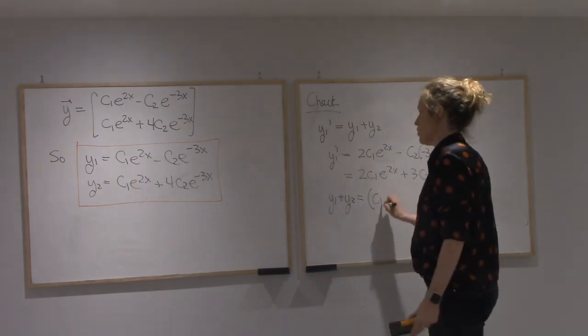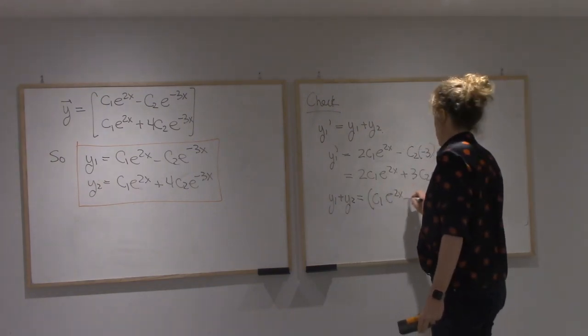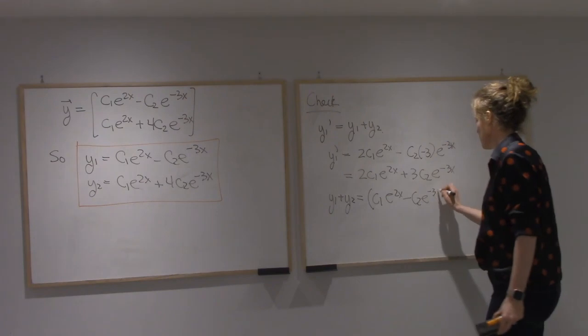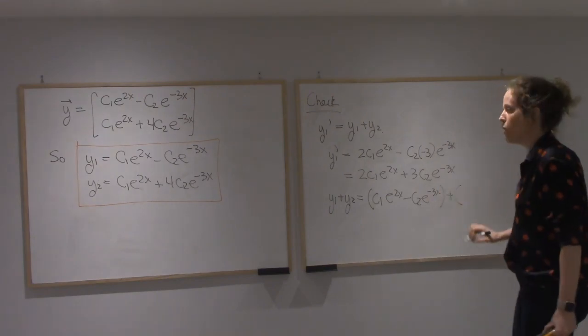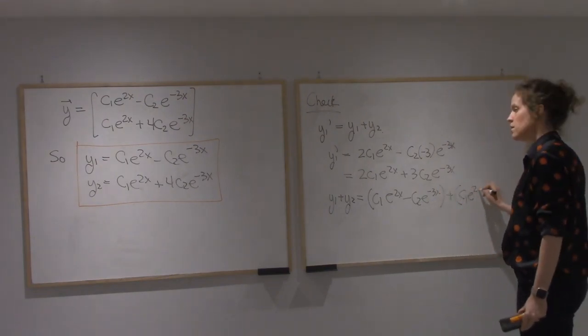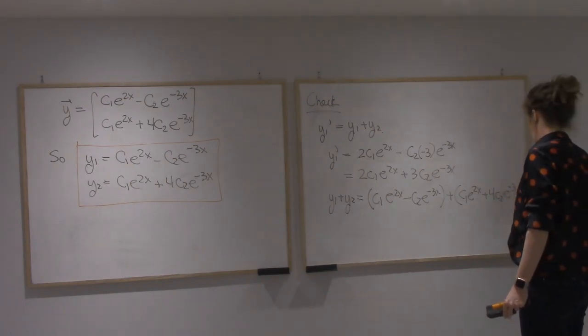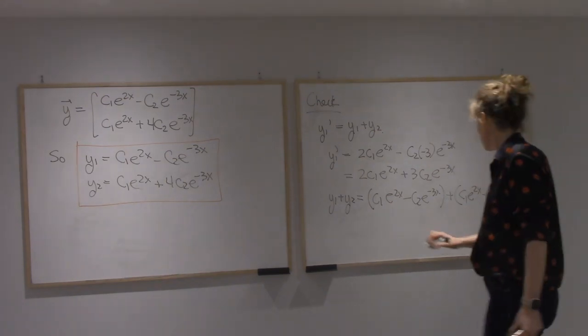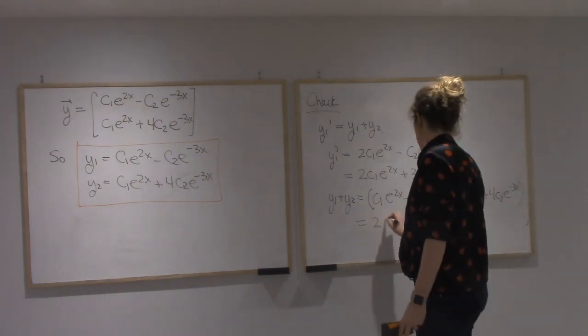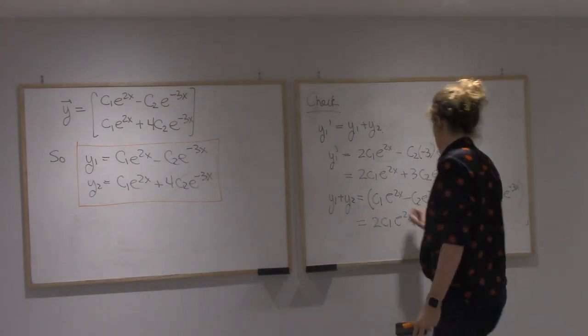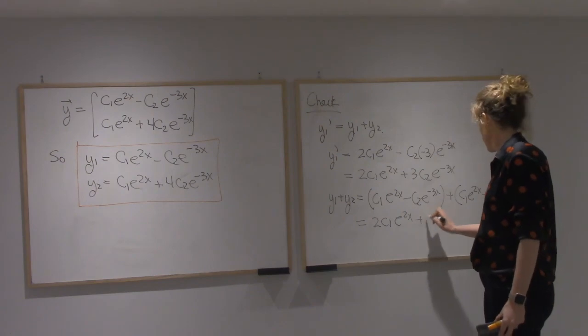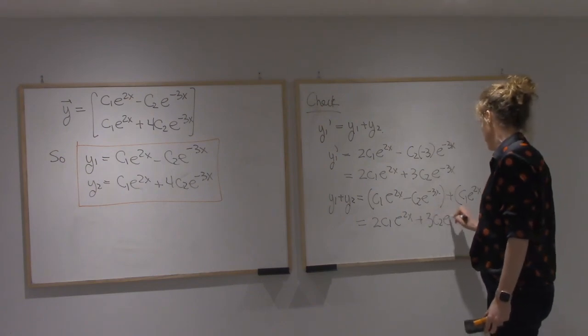y1 would be c1 minus c2, y2 would be c1, and so I'll get 2c1, that matches, plus 3c2 e to the minus 3x.